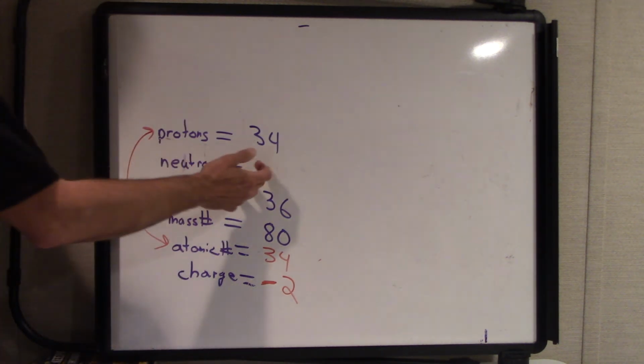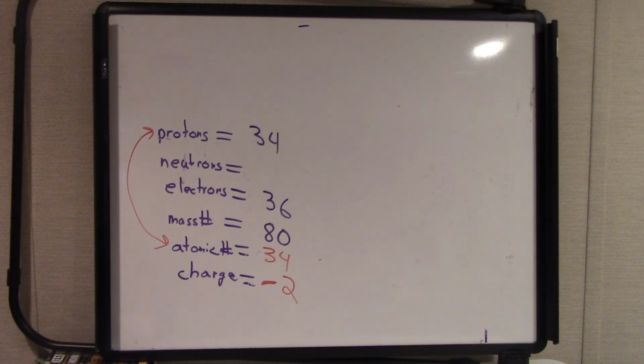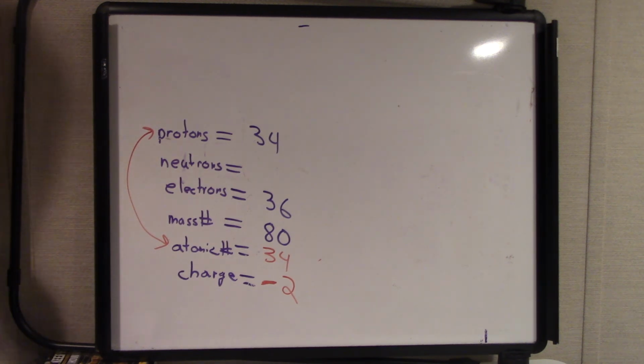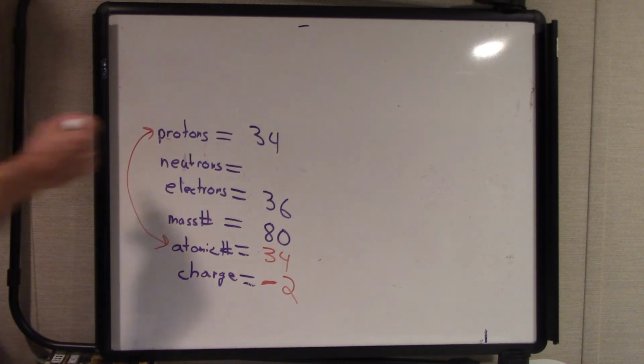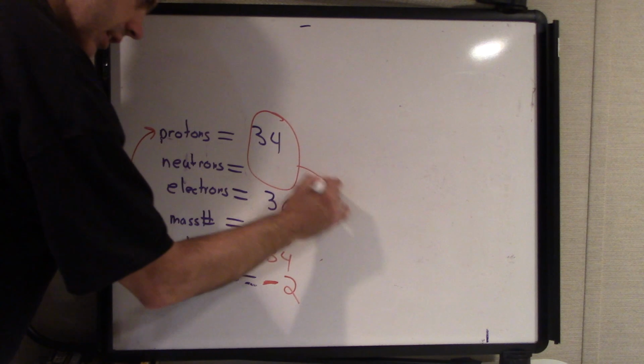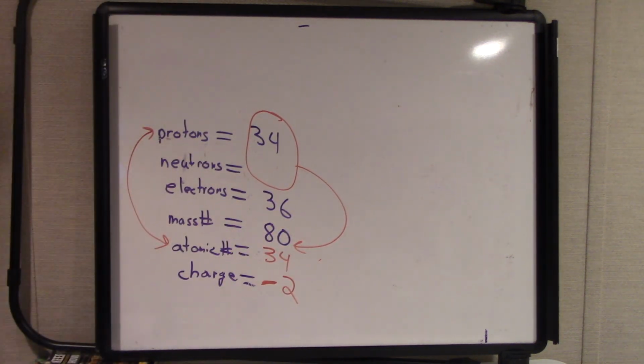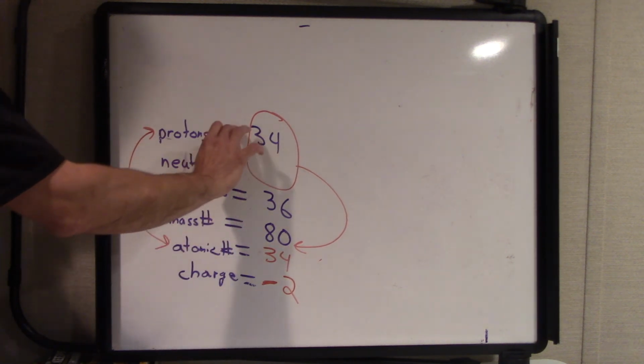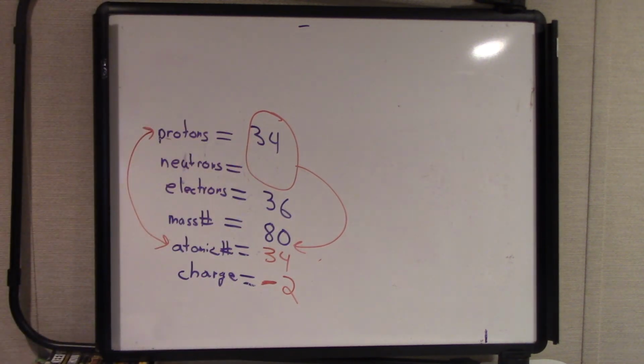Last piece, the number of neutrons. How can I figure out the number of neutrons? I have to recognize that it's the sum of the protons and the neutrons that gives me that mass number. My total mass is 80. That's going to equal protons plus neutrons.